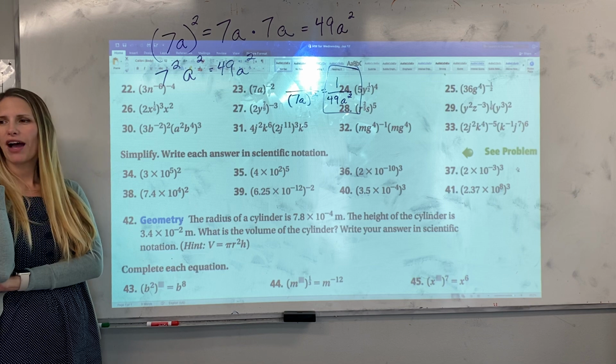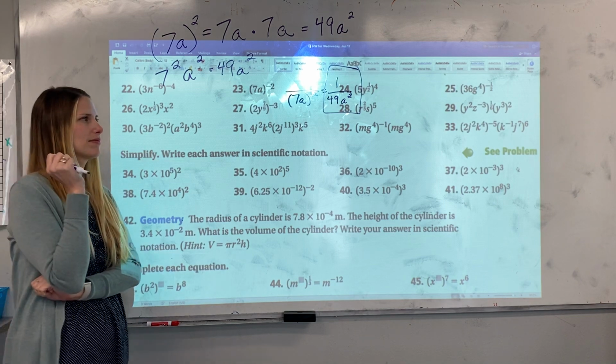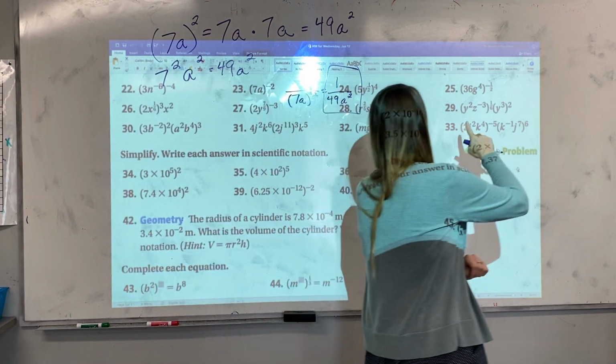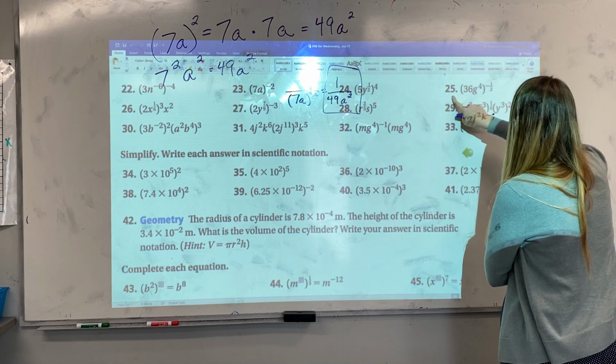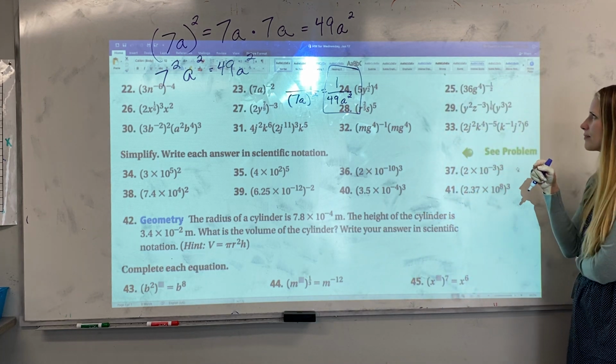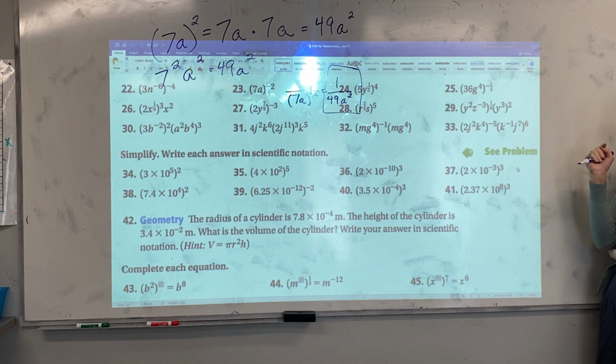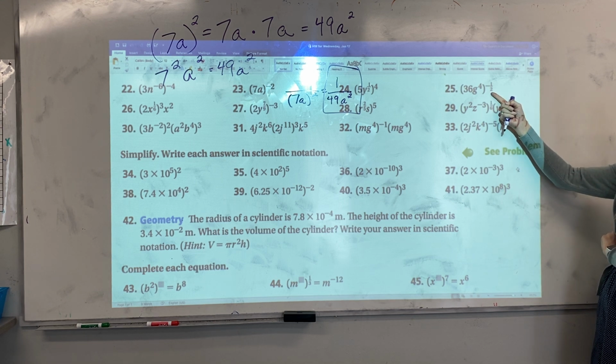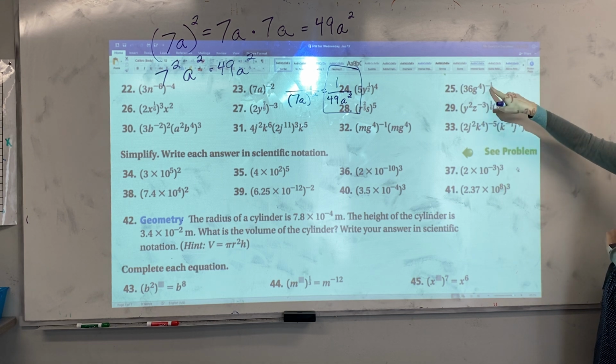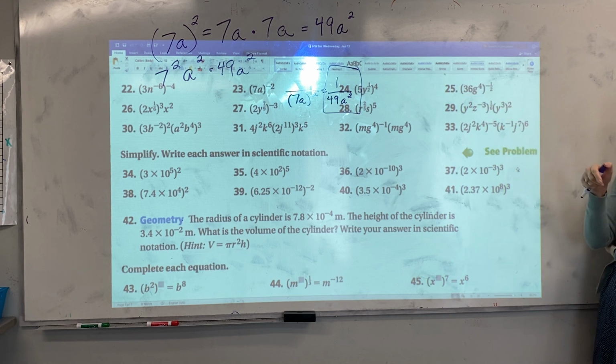Okay, ready for number 25? Now, technically, we could use, let me see how we want to do this. Do we want to use our negative exponent rule first, or do we want to apply this exponent to each part of the term?